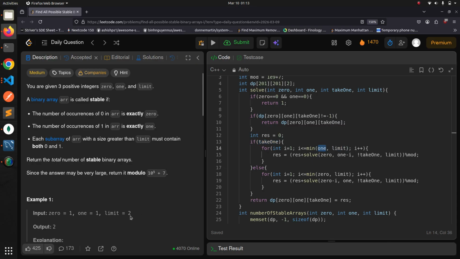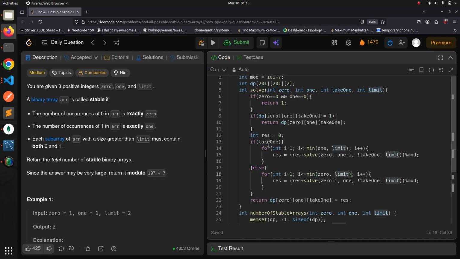Let's look at this example. The limit is 2 and the number of ones we can take is 1, so we will have this minimum. We can take at least one, at most 1. So we will have these consecutive chains of 1 for i number of times, and we will call recursively, and we will decrement the ones.